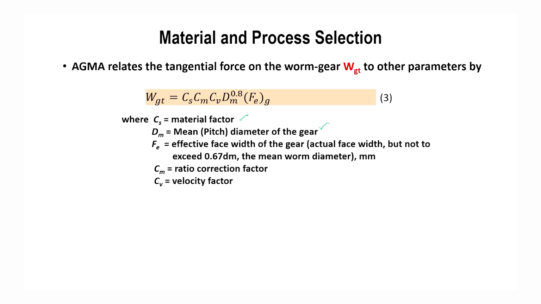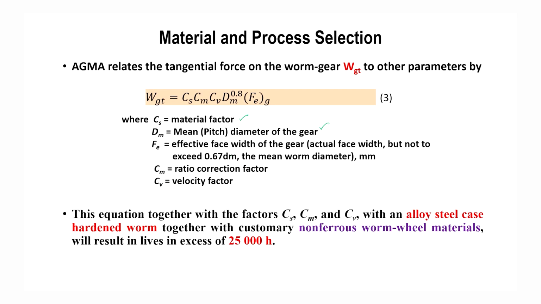is the velocity factor. This equation together with the factors CS, CM and CV, with an alloy steel case hardened worm together with customary non-ferrous worm gear materials, will result in lives in excess of 25,000 hours.